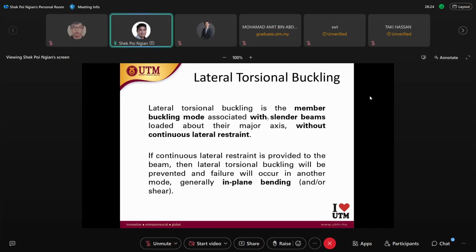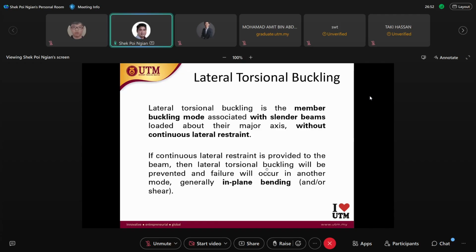So we call it a slender beam. And then without continuous lateral restraint, so along the beam, there is no restraint. When this beam is subject to loading, lateral torsional buckling will occur.